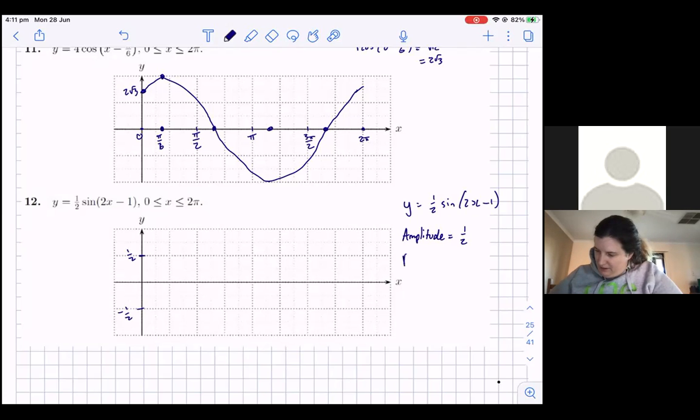Its period is pi on 2, instead of being 2 pi. And it's been shifted 1 right.